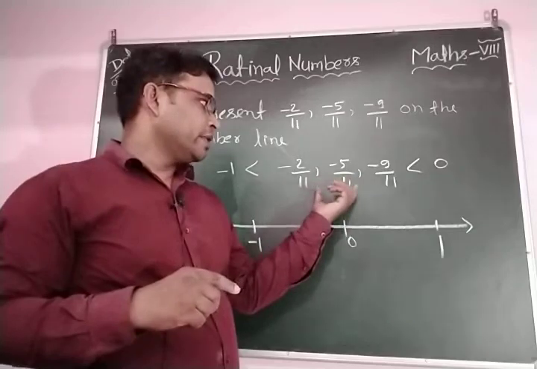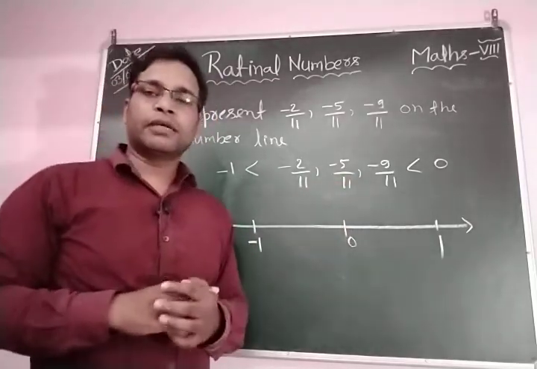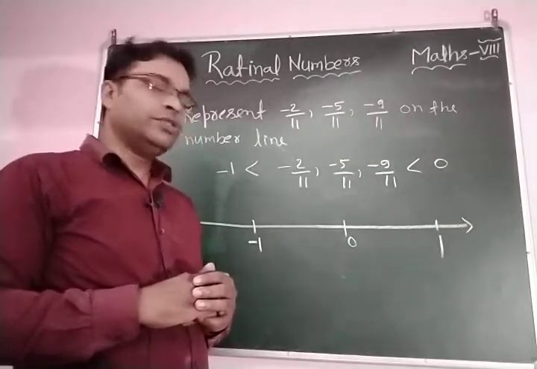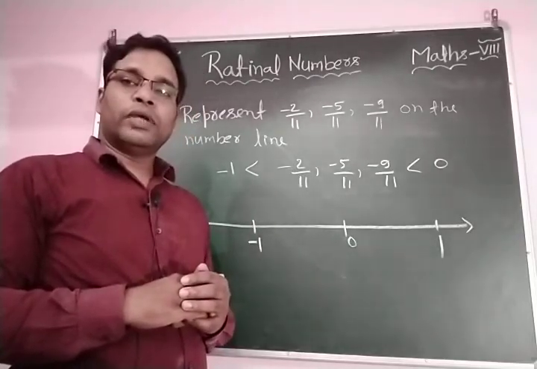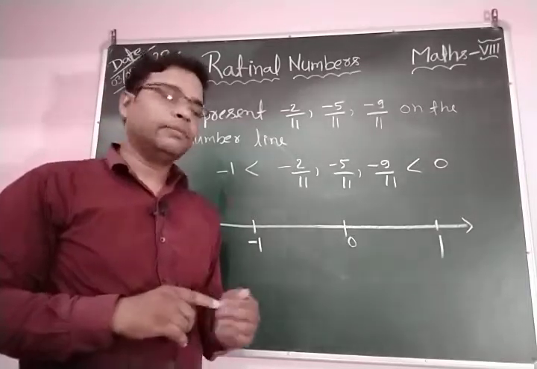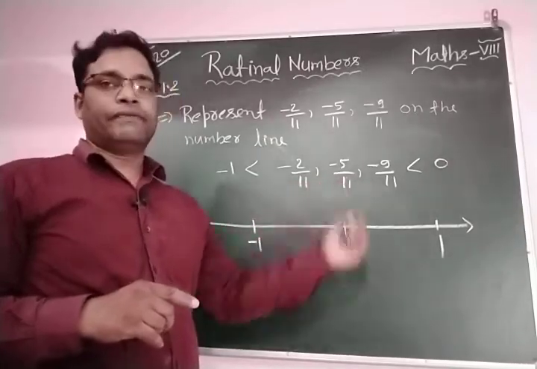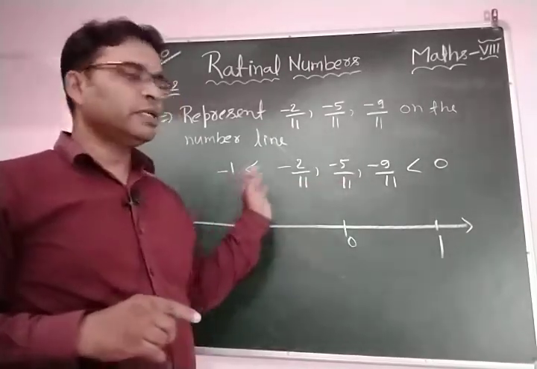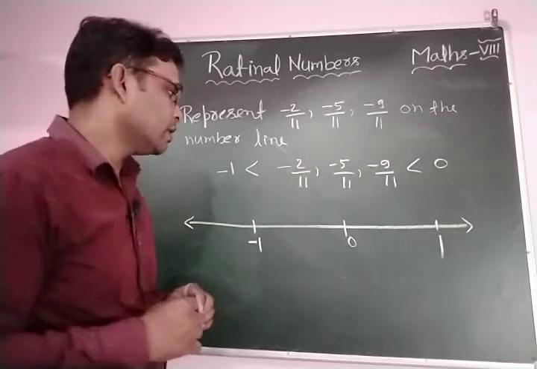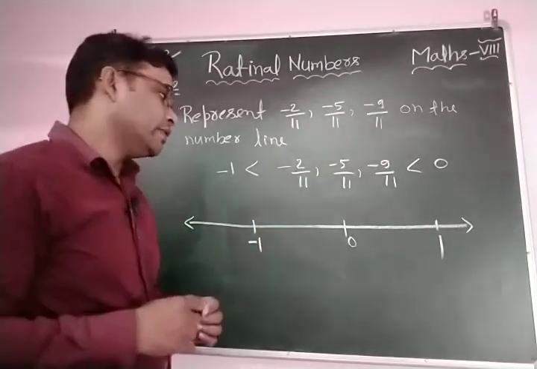So we divide the line segment between minus 1 and 0 into 11 equal parts, because you can see the denominator of each fraction is 11 and they lie between minus 1 and 0.